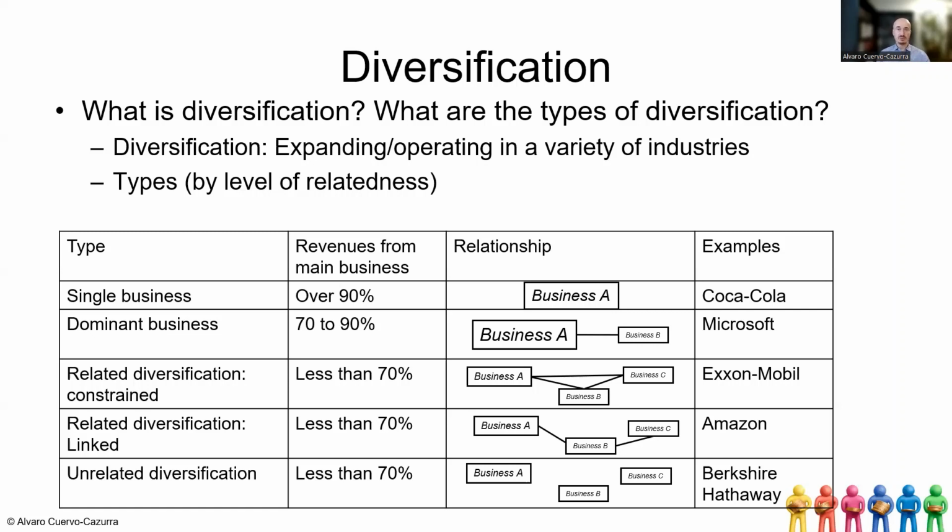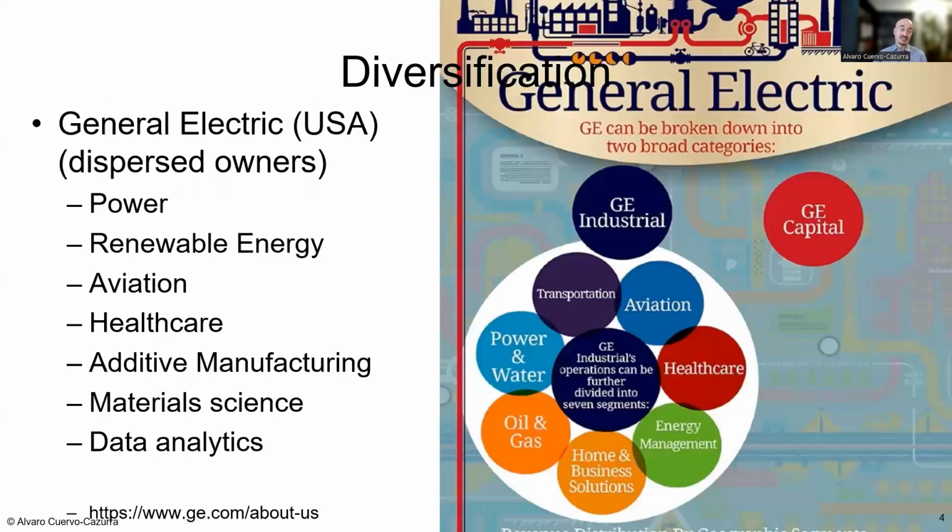While I'm operating in multiple industries, there is some connection among them, or there is very little connection among them. From here, what we're going to do next is try to understand how this occurs across the world, and it is not connected to a particular owner. These are a few examples.